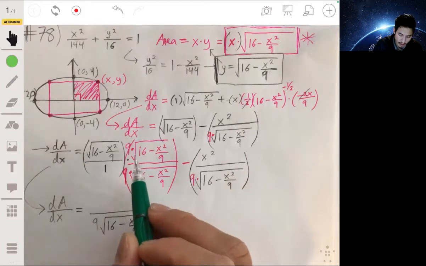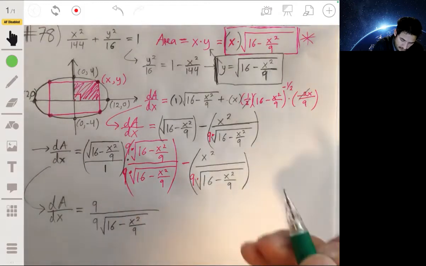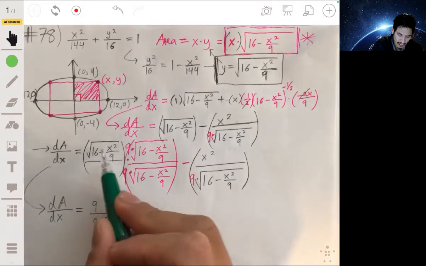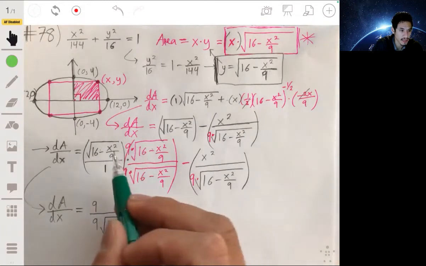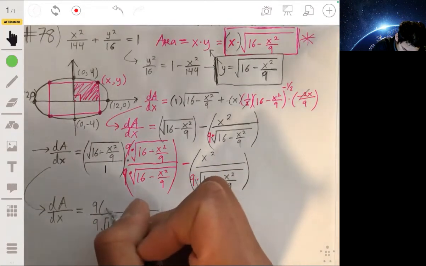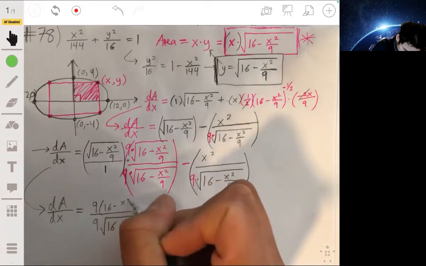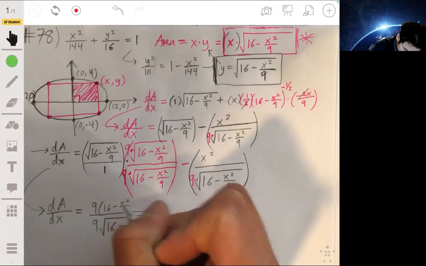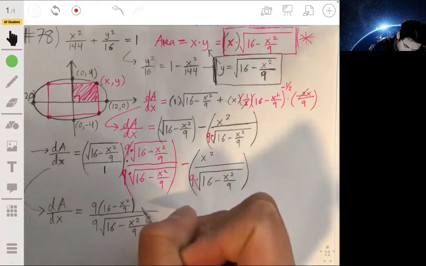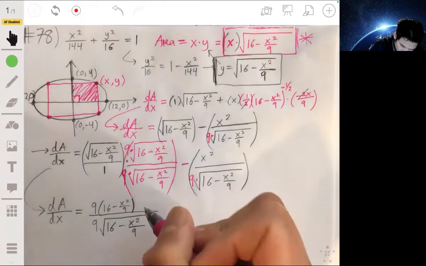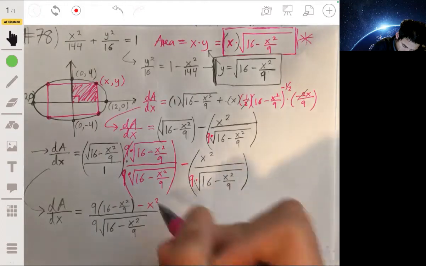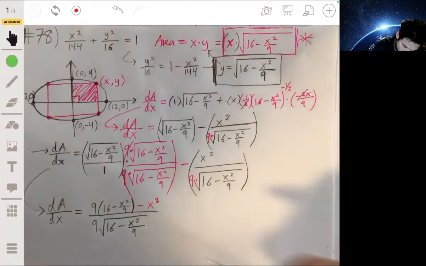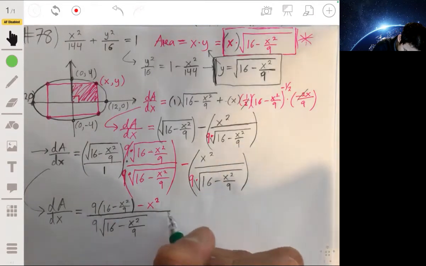Now on top, I'm going to have 9. You have the same square root being multiplied by itself here, so the square roots cancel, so all you have is 16 minus x squared over 9 in parentheses. You multiply by 9, and then you're subtracting that x squared up here. All that is on top.